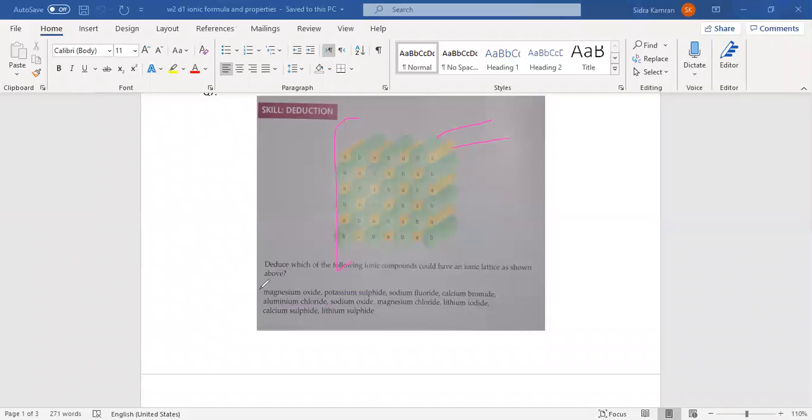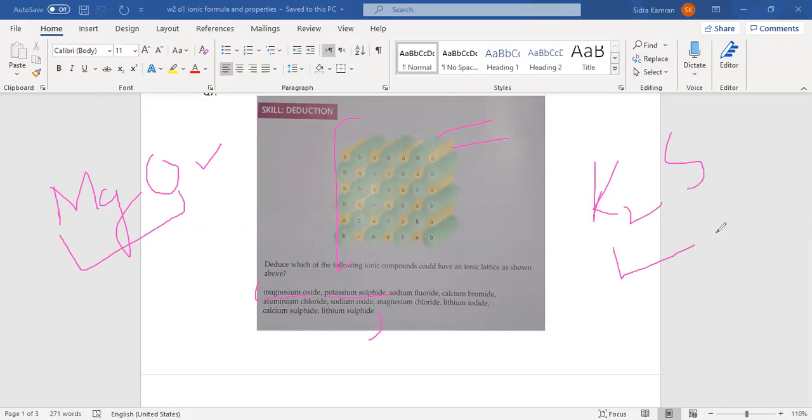So you have to choose from all these. Magnesium oxide has the same atomic ratio, MgO, so it could be this lattice structure. Potassium sulfide, as you know, is K2S, so there is not the same atomic ratio. There are 2 atoms of potassium, but in this lattice structure you can see one atom of metal and one atom of non-metal attached.